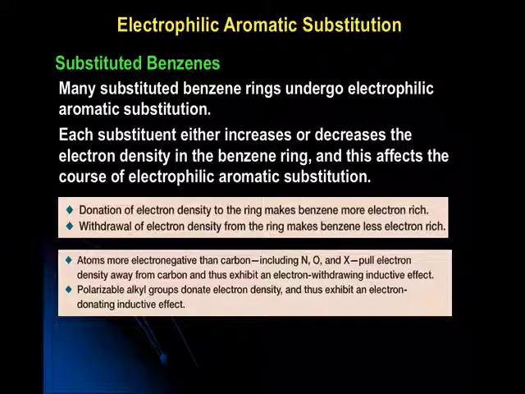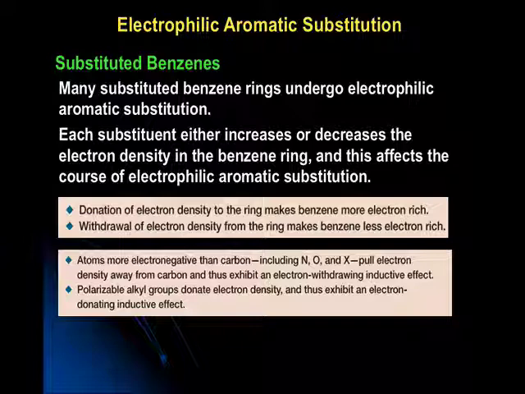That one will be slower, right? Electrophiles want to have electrons. So the more electron-rich an aromatic ring is, okay, the faster the reaction. Okay? So electron withdrawing and electron donating groups are going to become very, very important here.